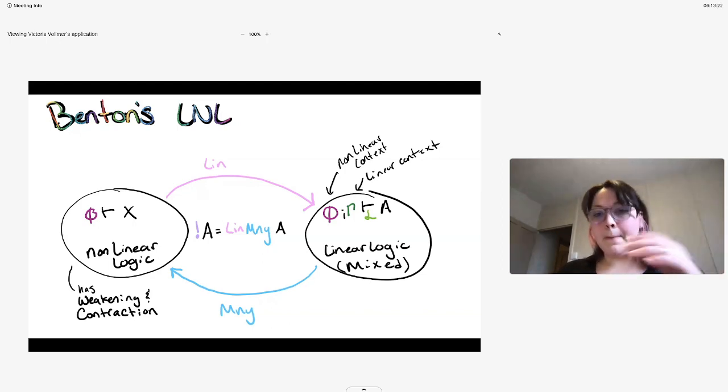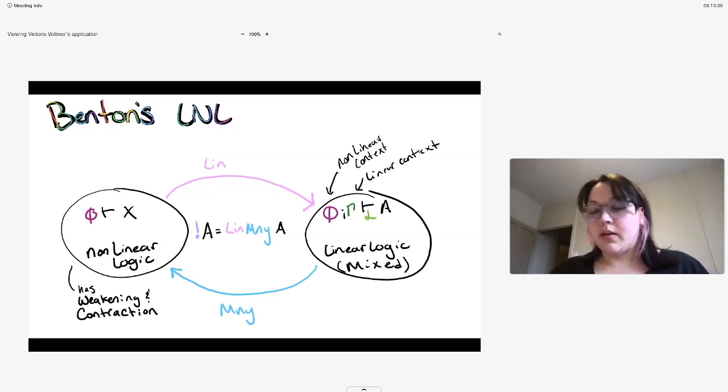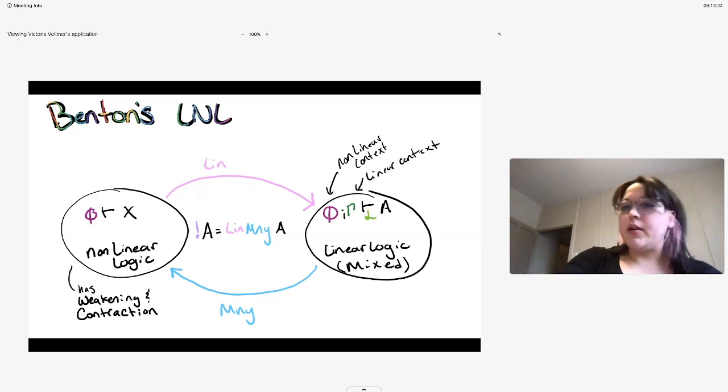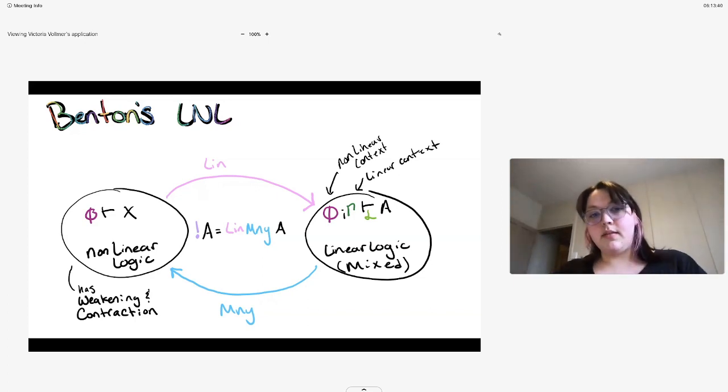And then on the other side, you start with this assumption of linearity, and then you also have the ability to have nonlinear things as well. And going back and forth is the bang operation. So this adjunction forms the comonad.